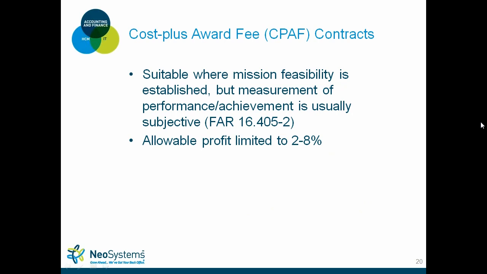And if you as a contractor can achieve that milestone and achieve above and beyond what you proposed, more often than not, you're going to get an award fee which ranges anywhere between 2 to 8% on top of your 2 to 8% that you bid when you submit the RFP.